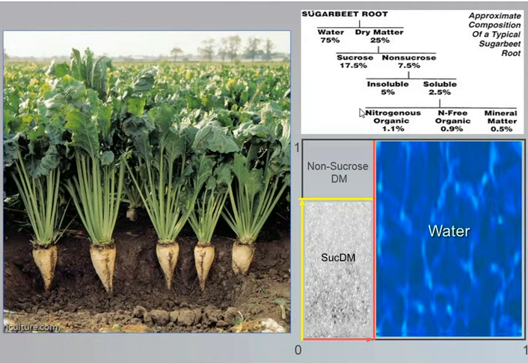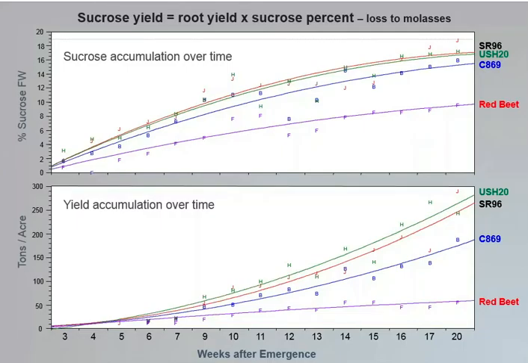As far as the composition of the sugar beet root goes, we have about 75% water and 25% dry matter. Okay, and of that 25% dry matter, about 17% would be sucrose, 7.5% non-sucrose, 5% of that's insoluble, 2.5% is soluble, and we have mainly nitrogenous materials and also some minerals, and these actually interfere with sucrose extraction in the factory.